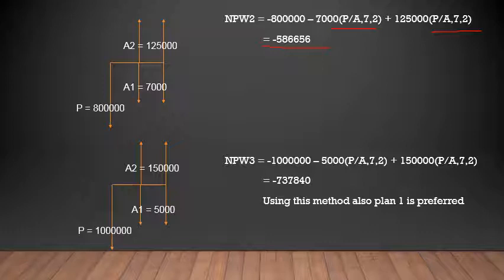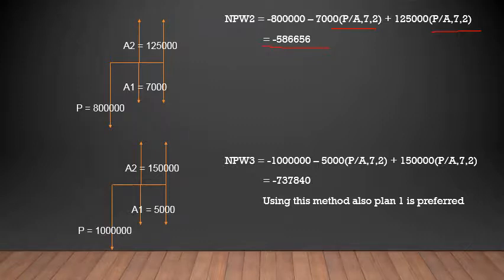Even here also I see that plan 1 is preferred because of the least cost. So this is how a study period method is engaged. Whatever may be the study period given, maybe 2 years or 3 years or 4 years or whatever the value given, I assume that the entire project ends at that year and the cash flow diagram is truncated to that particular year, and any cash flow that flows after the study period, they are all neglected.